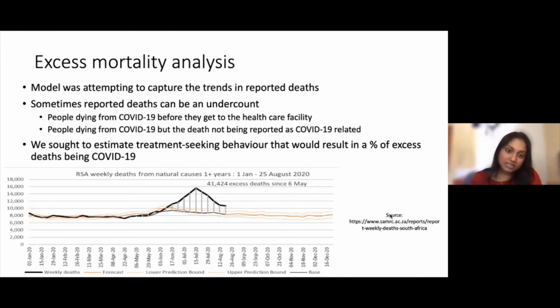And this particular study was taken up by the South African Medical Research Council, where the idea was to estimate the number of excess deaths that had occurred during the epidemic in South Africa. Now, if we think about excess mortality, we have to look at the difference between what is reported mortality and where that mortality comes from, and where excess mortality might arise as well.